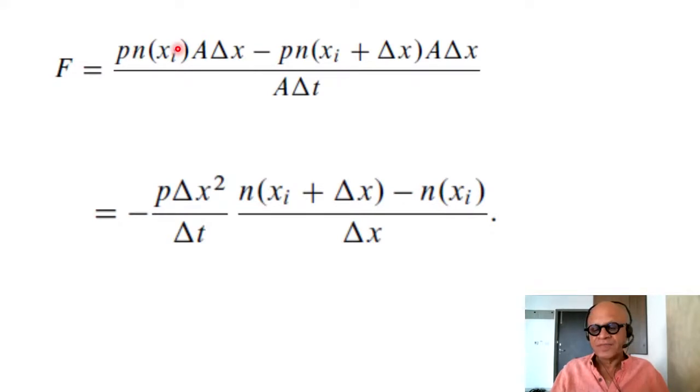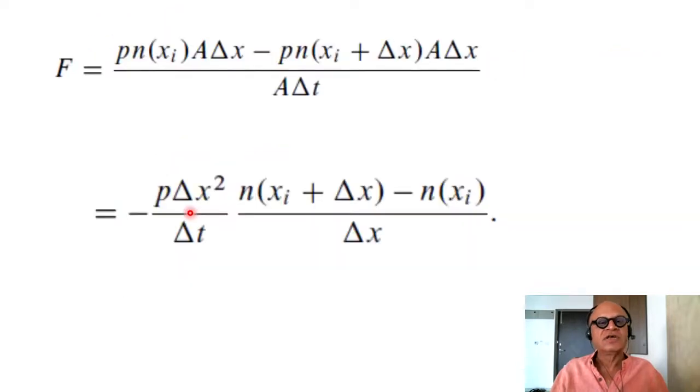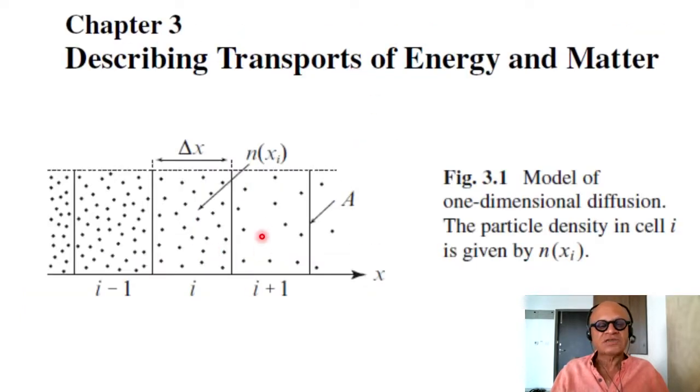That's the particle concentration in this box, and then in the next box, x_i plus delta x, or i plus 1, the particles are moving in that direction, so we are interested in the net exchange across this interface between box i and box i plus 1.